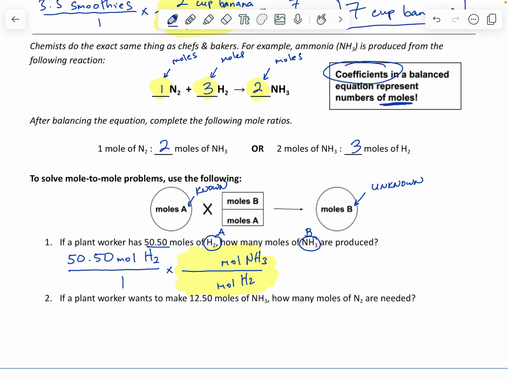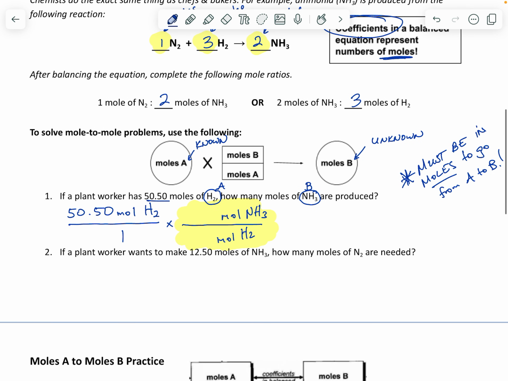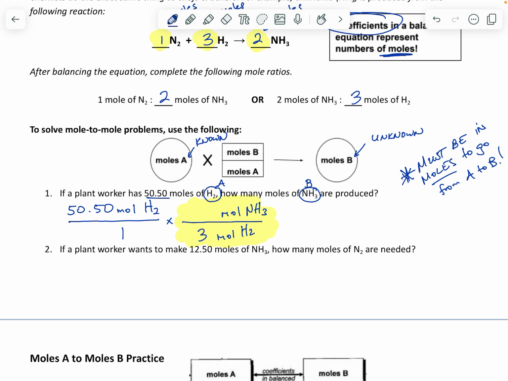And we have to be in the unit of moles. So I'm just going to write that too: it must be in moles to go from A to B. So how many moles of H2 are there based on my balanced equation? There are 3 for every 2 moles of NH3. So there's our ratio there, and moles of H2 cancel.